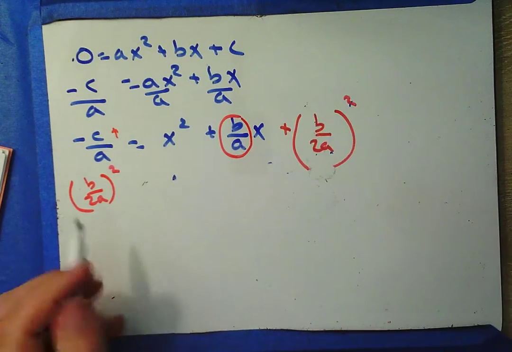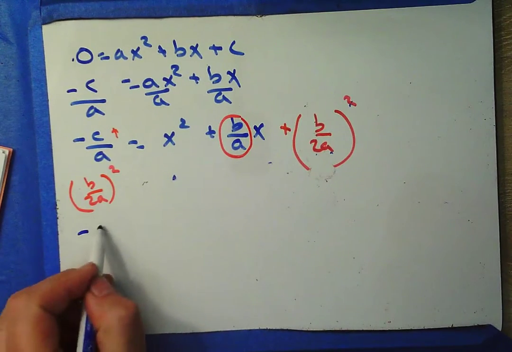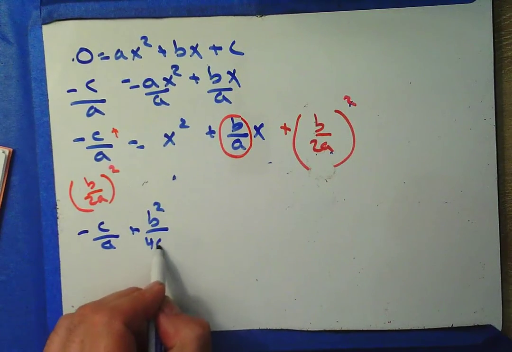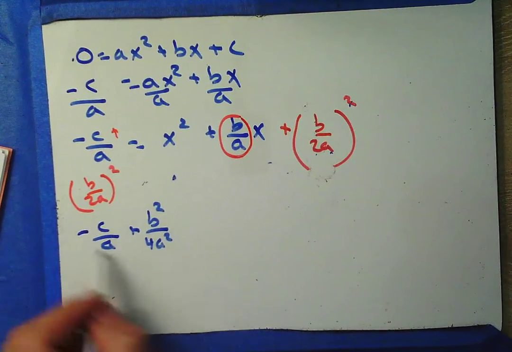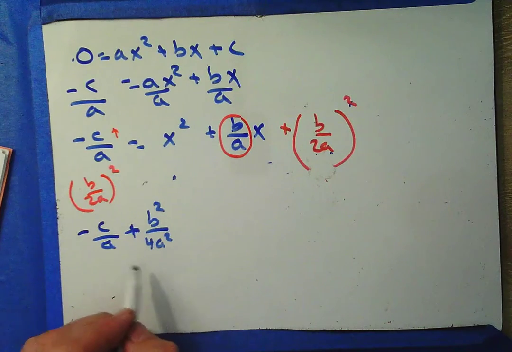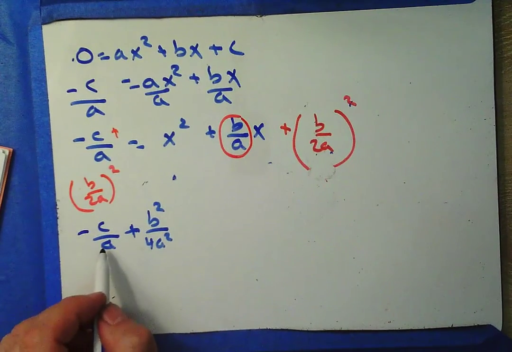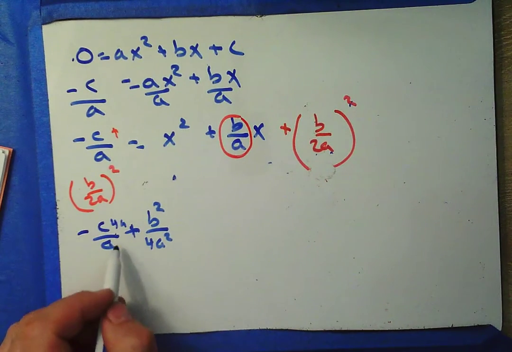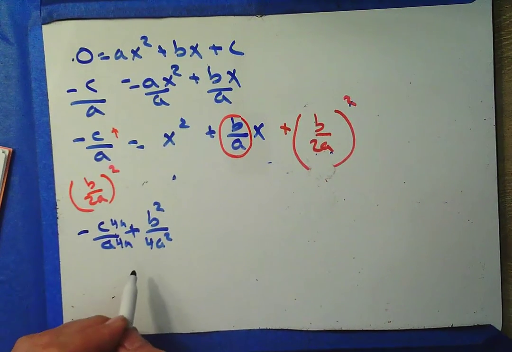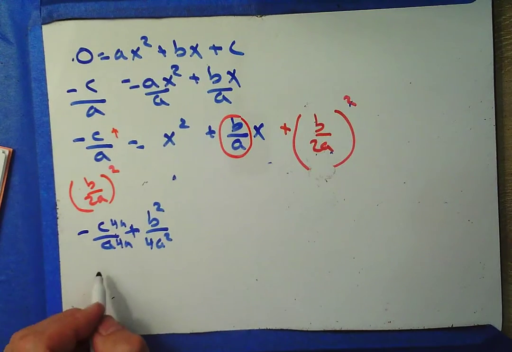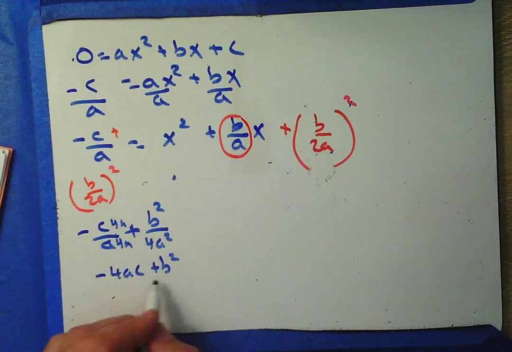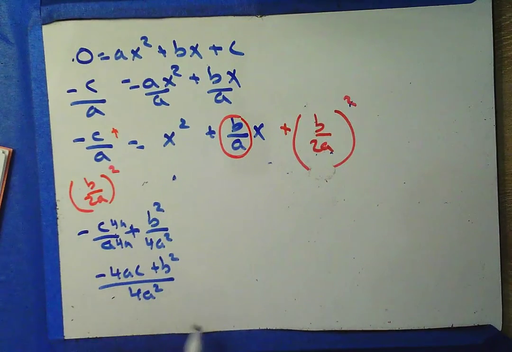Okay, so this is going to be on the left side, minus c over a plus b squared over 4a squared. Now, I'd like to tidy this up into one fraction, so I'm going to have to make a common denominator. I'm going to need to multiply the top by 4a and the bottom by 4a. And so now I'm going to have minus 4ac plus b squared over 4a squared.